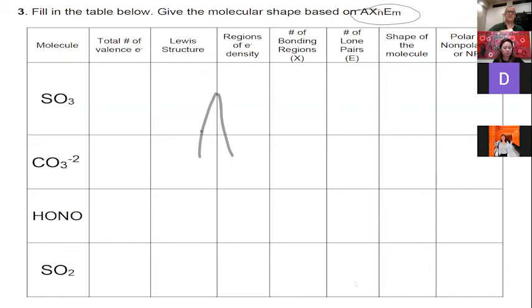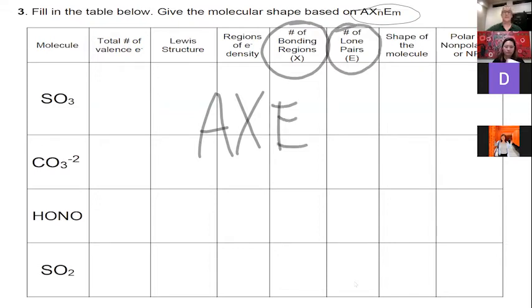A is the central atom, X is the number of bonding regions around the central atom, and E is the number of lone pairs around the central atom. So then all you have to do is draw the Lewis structure and figure out how many bonding regions are around it. And remember, it could be single, double, or triple bond. And then how many lone pairs are around it. And then look up the shape on the table.